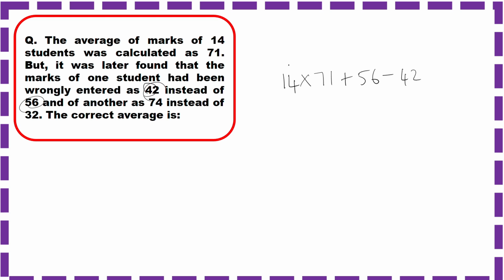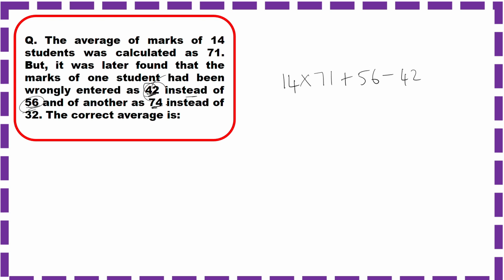See, just remember this: whatever the erroneous part is, just subtract it from the total, right? Subtract the erroneous part and add the correct thing. So 42 is erroneous, it was taken instead of 56, so 56 was the original mark, so add 56 and remove 42 from this total marks.